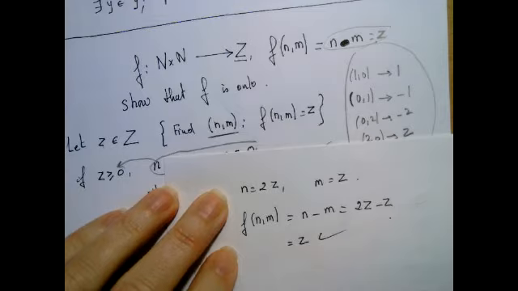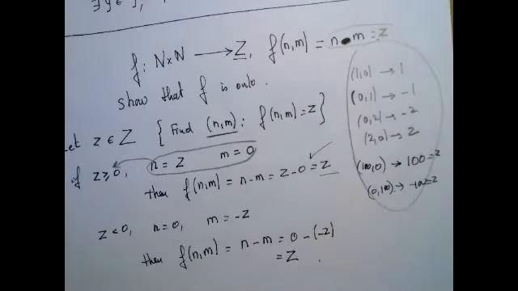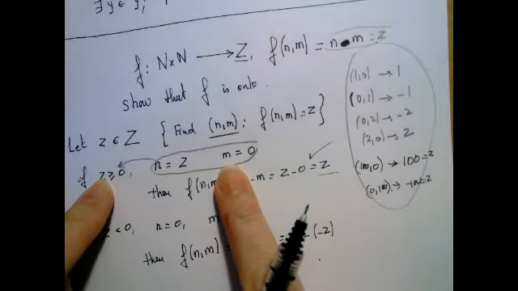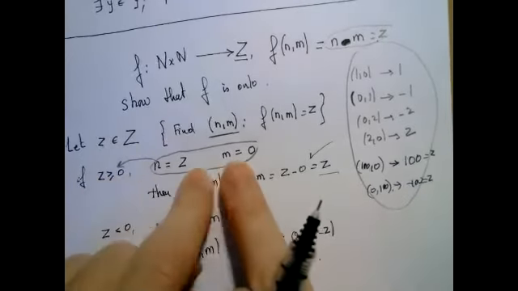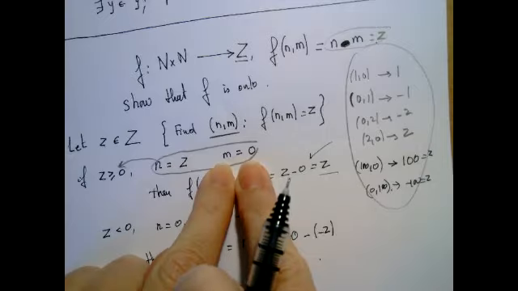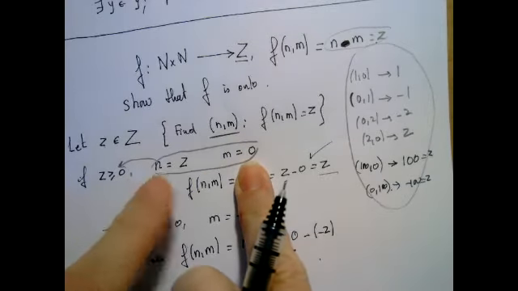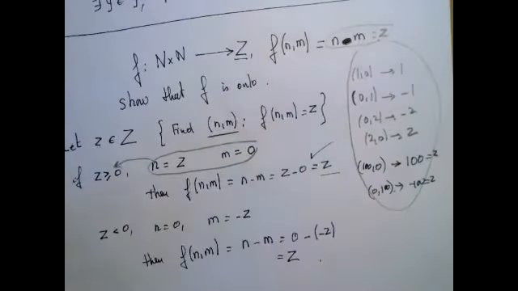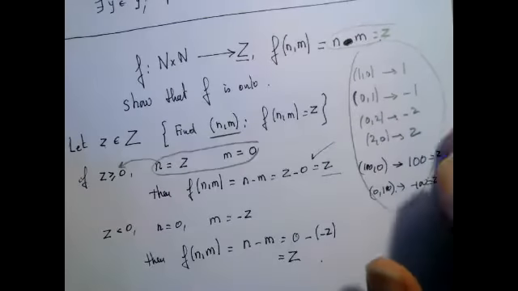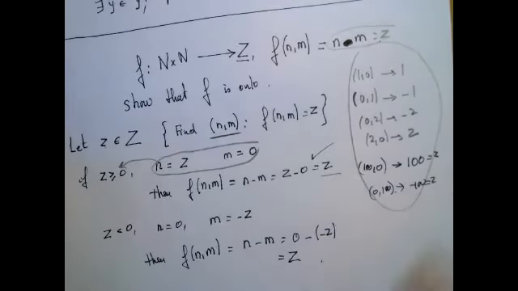Yes, it does. Thank you. A lot of choices. As long as you give me one, what matters is that both n and m depend on Z. If you cannot give me m in terms of n and n in terms of m, this doesn't make sense. For every Z, your n and m should be given in terms of Z. You have a lot of choices, not all the time, but sometimes you do.